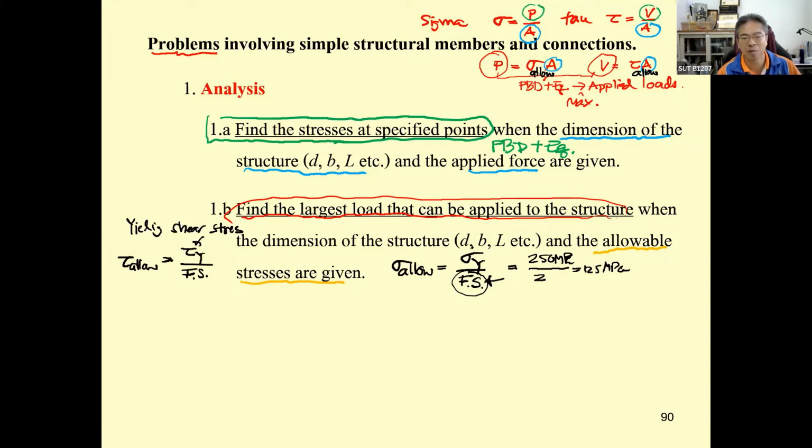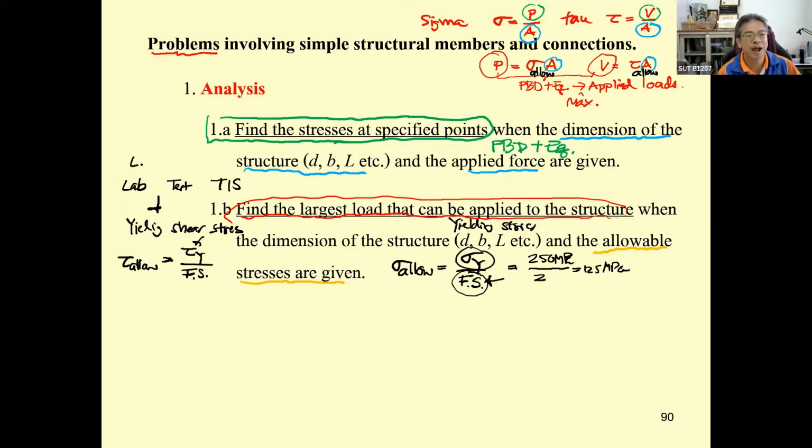This tau sub y you may get from the lab, by testing based on standards such as the Thailand Industrial Standard. And this one we actually call, for short, the yielding stress. Actually, it is called the yielding normal stress; they just take the normal out and call it yielding stress.